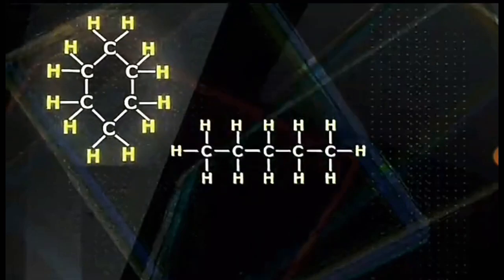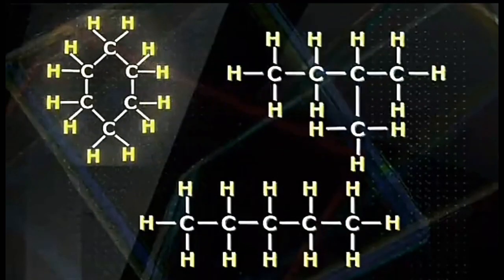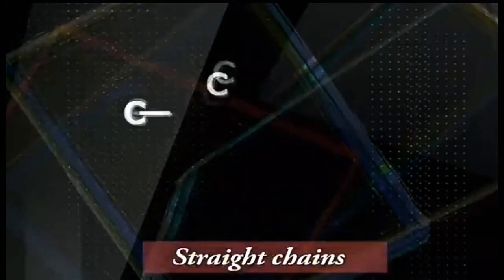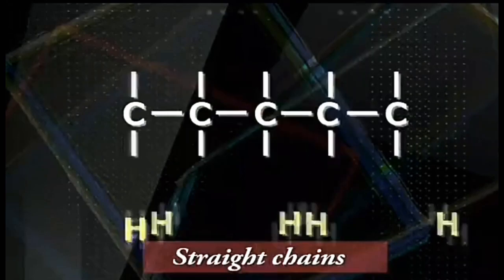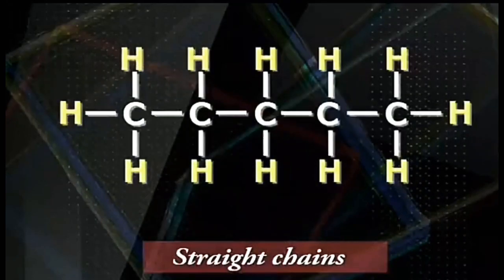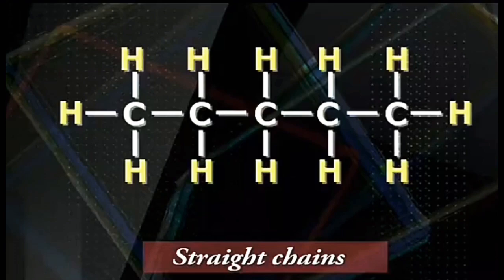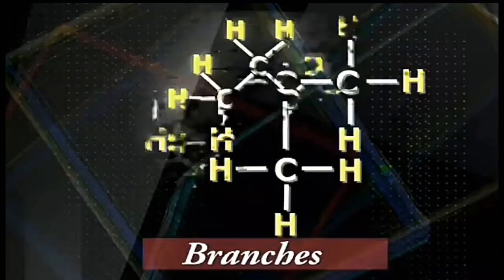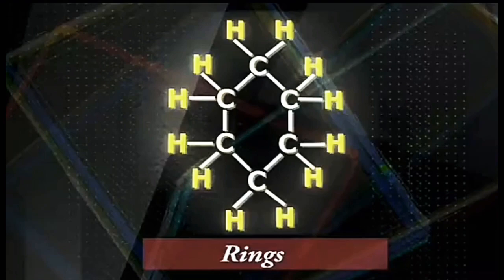Carbon atoms in carbon compounds are arranged in various ways. Carbon atoms can be arranged in straight chains, in branches, or in rings.